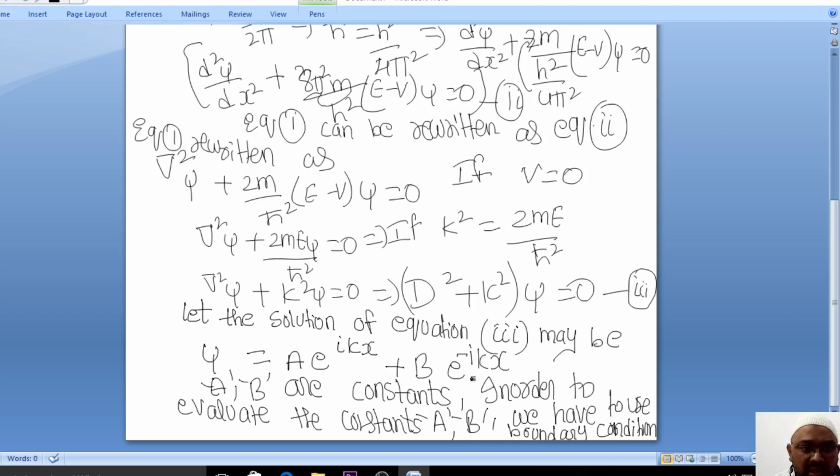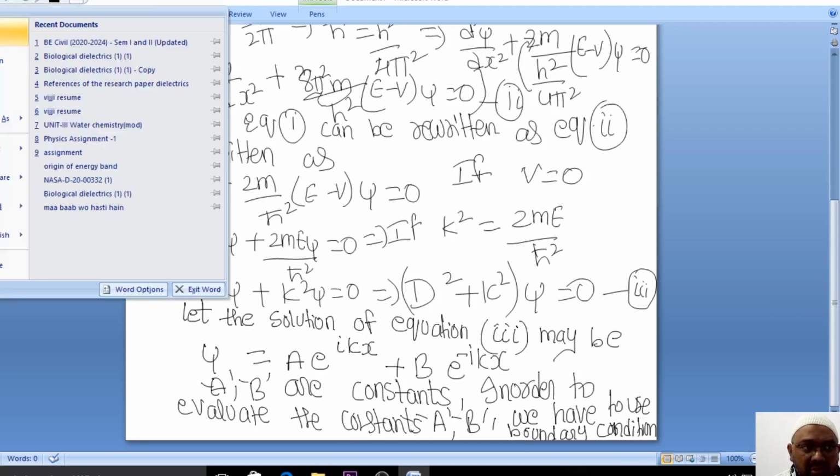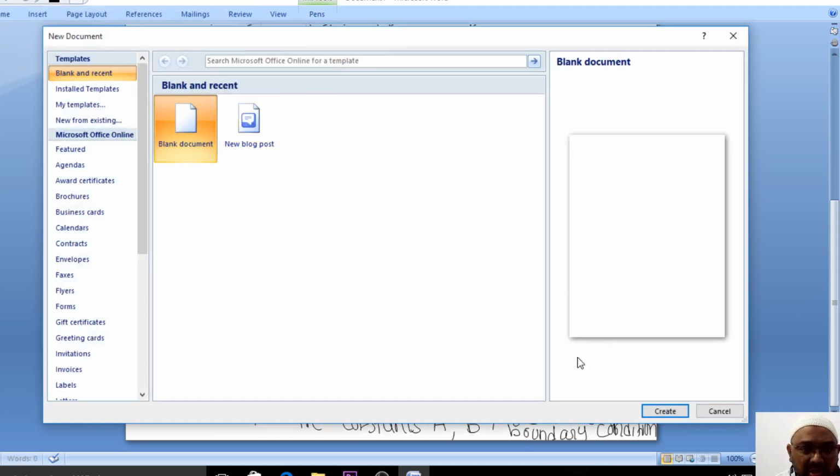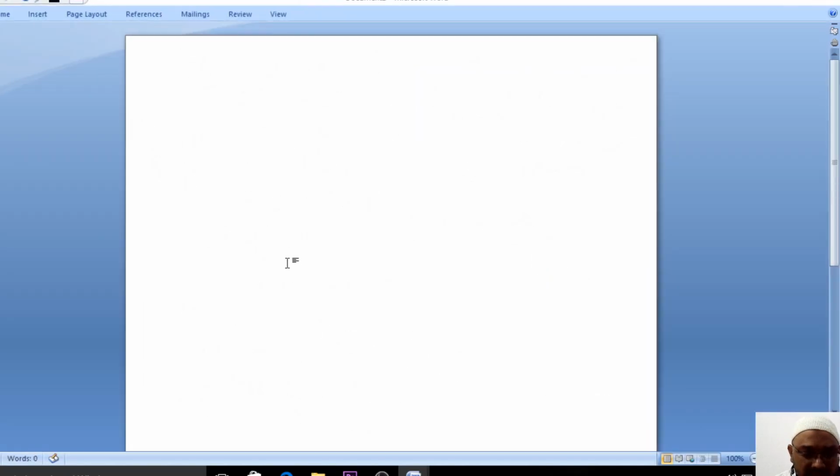So I think until this we don't have any problem, right? We'll go with this next. We have to use the boundary conditions. So what is that boundary condition?